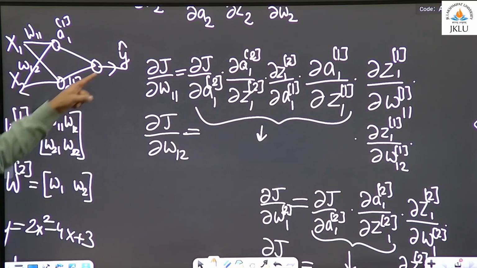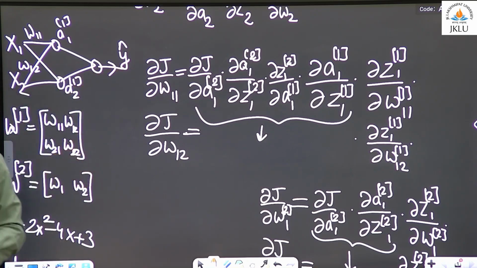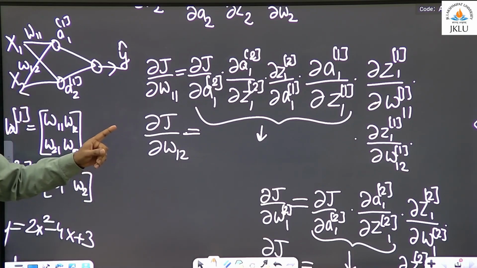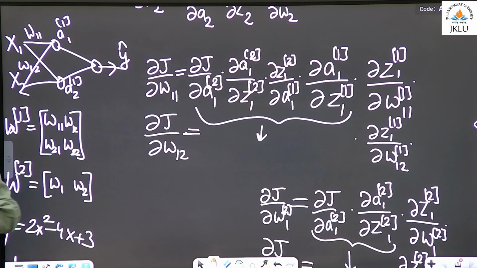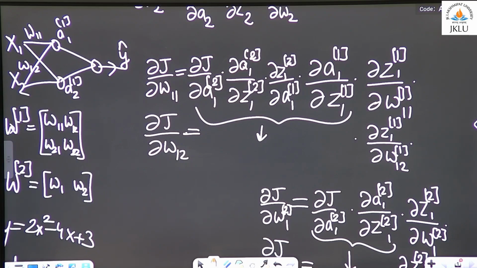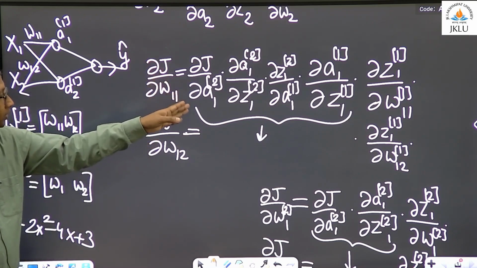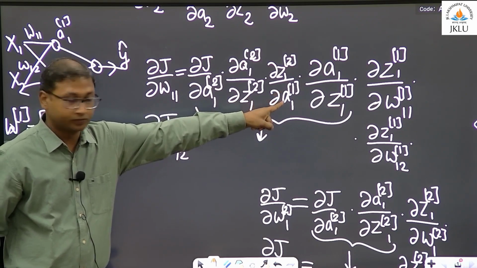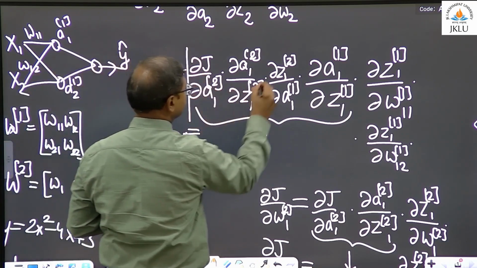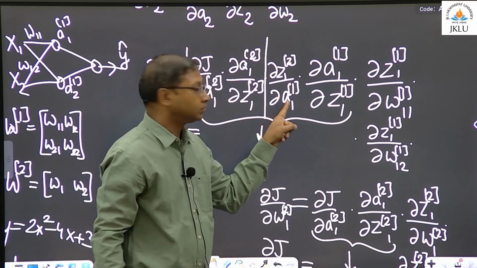Now, what will be del J by del W21, for example? You have to give me, starting with the first. How many of the first will remain? First 2 will remain or more? First 2. Why so? Because here you will have A2. So in this case, you will have this part common and this will change to A2.